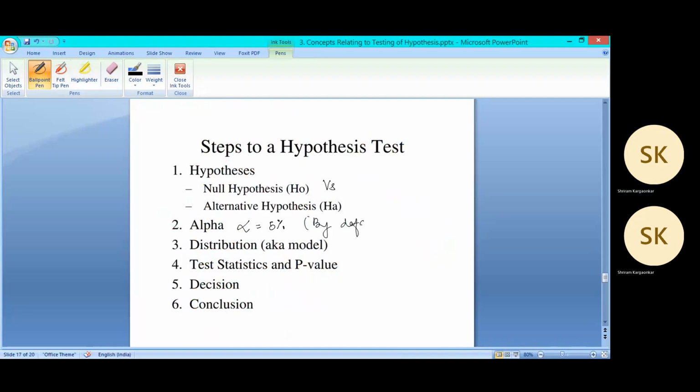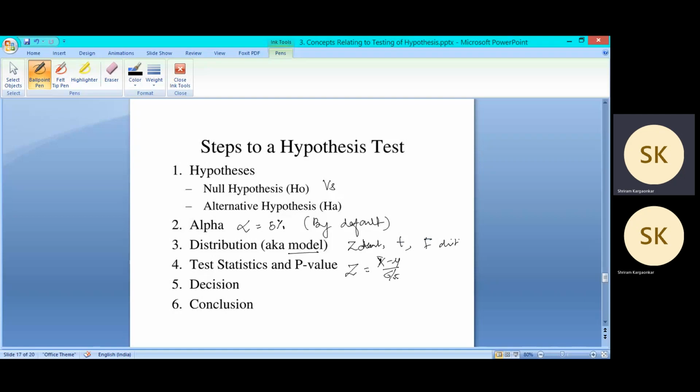Then identify the model or distribution, like Z test with normal distribution, t test with t distribution, or F distribution. Then the test statistic: write the formula, just like x bar minus mu upon sigma upon root n for a single population mean. And then the p-value.